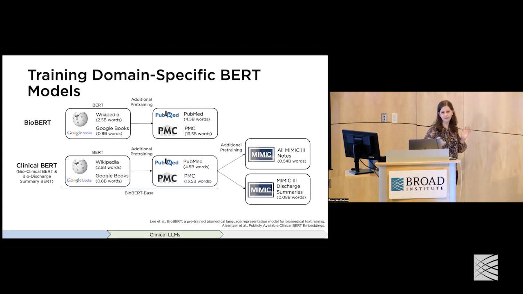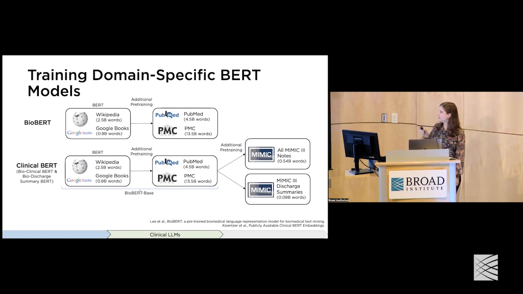So what we did is we initialized the weights of the BERT model with BioBERT, and then continued, again, pre-training on those two pre-training objectives using notes from either all of the notes in MIMIC-III or only the discharge summaries that are found in MIMIC-III.